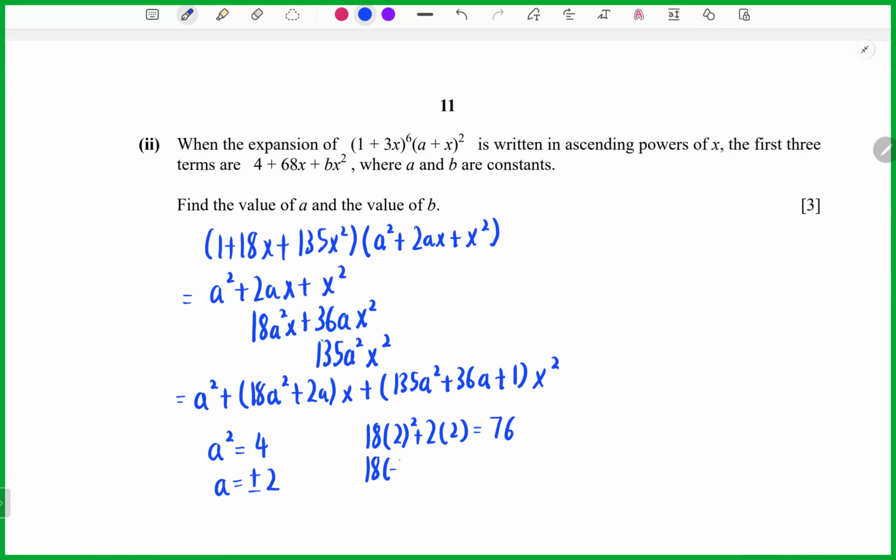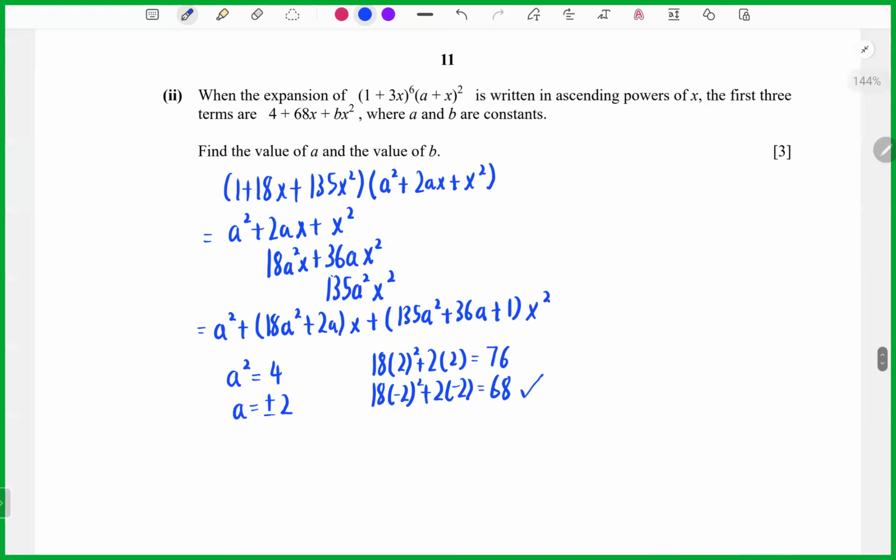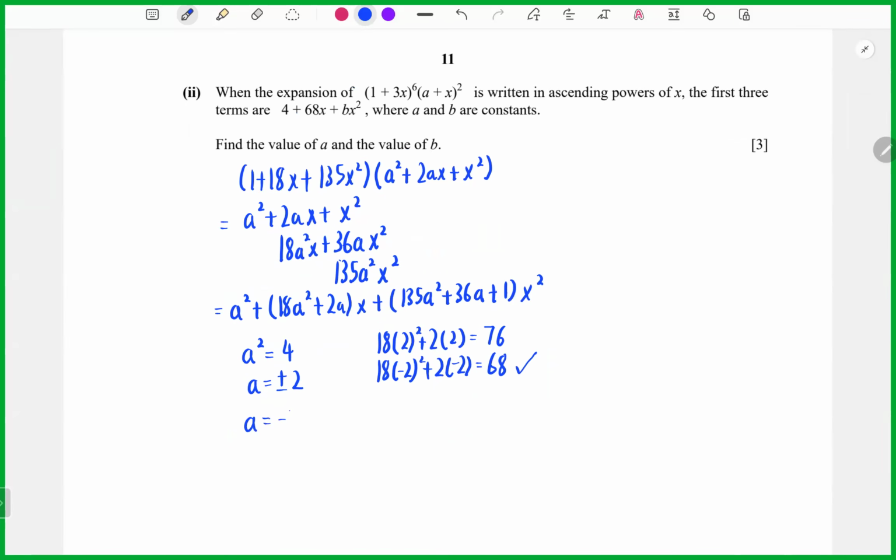Let's see the negative. Substituting negative 2, you need 18 times negative 2 plus 2 times negative 2, so you will get 68. Yes, this is correct. So the value of a will equal negative 2.